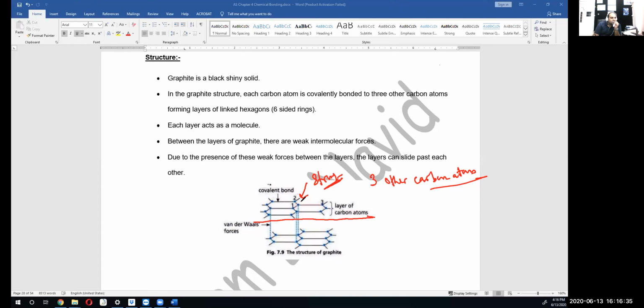The 4th one is used to form van der Waals forces, or intermolecular forces. Sir, van der Waals is the same as intermolecular? Van der Waals forces is a type of intermolecular force.